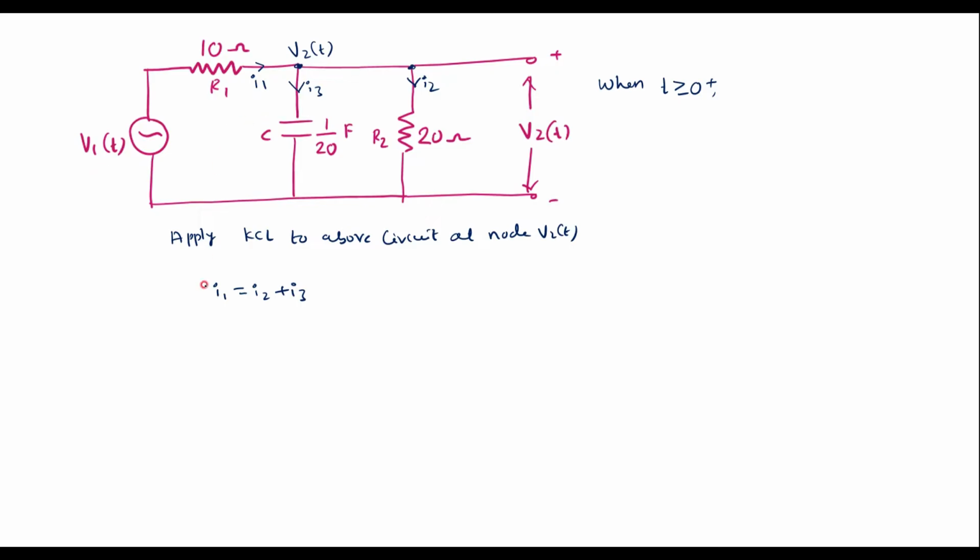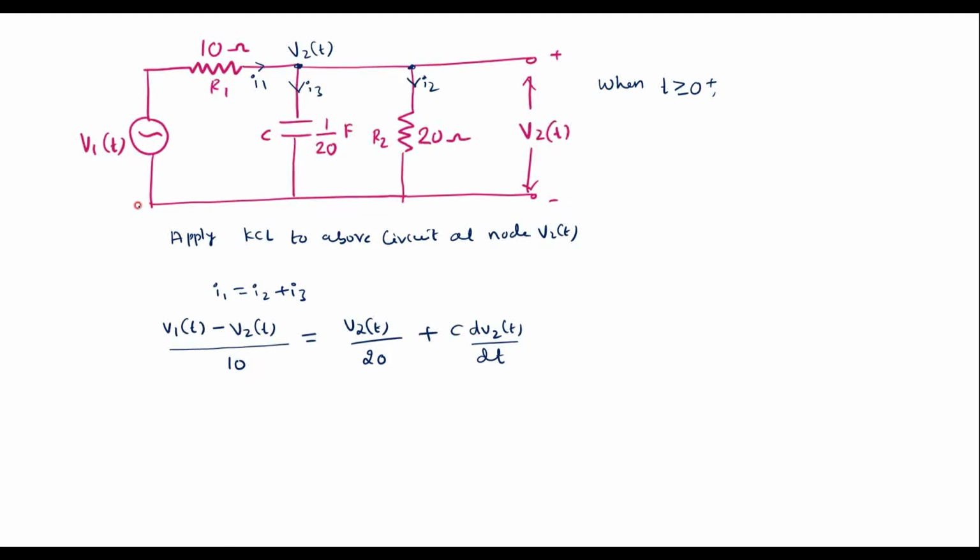So I1 is nothing but V1 of t minus V2 of t divided by 10 ohm resistor, is equal to I2 of t, which is V2 of t divided by 20, that is I is equal to V by R, plus I3, the current through the capacitor, which is given by C dV2 of t by dt.